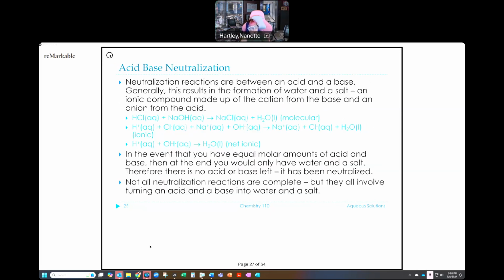Now, we also have a process that we talk about, which is called acid-base neutralization. It's a common term for us to use. When we talk about your stomach being upset and we say that we need to neutralize the acid in the stomach, this is a common term. We're talking about taking an antacid because your stomach has acid in it. And so we give you an antacid to try and neutralize the acid in the stomach.